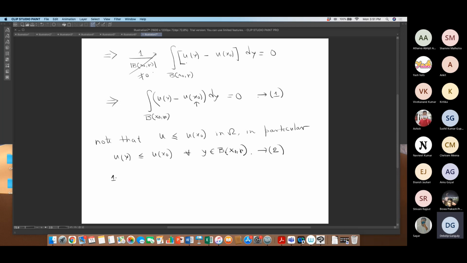So from 1 and 2, what can one get? Anyone? u(y) is always less than or equal to u of x naught, so u(y) minus u of x naught is less than or equal to 0 for all y in B(x naught, R). And the integral is 0. So from 1 and 2, what can we conclude?